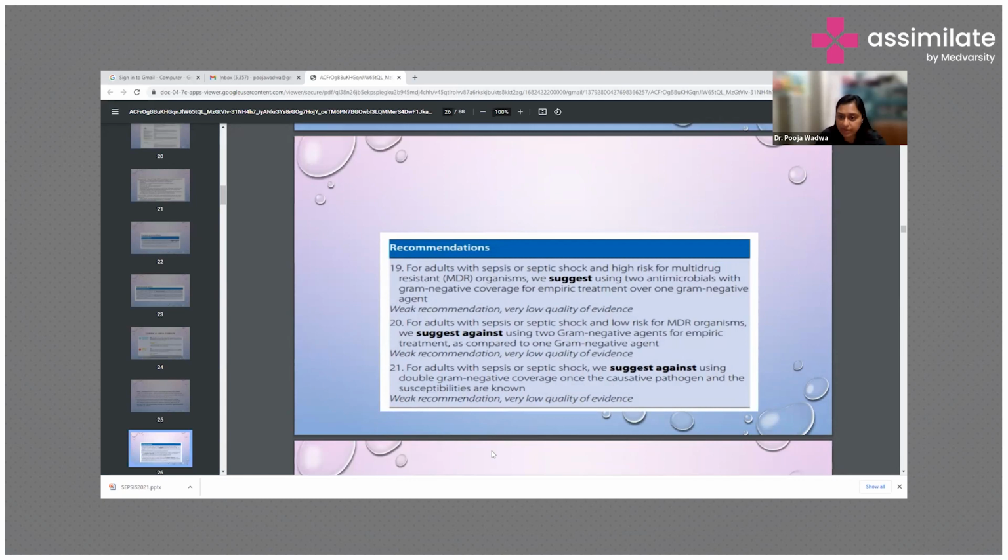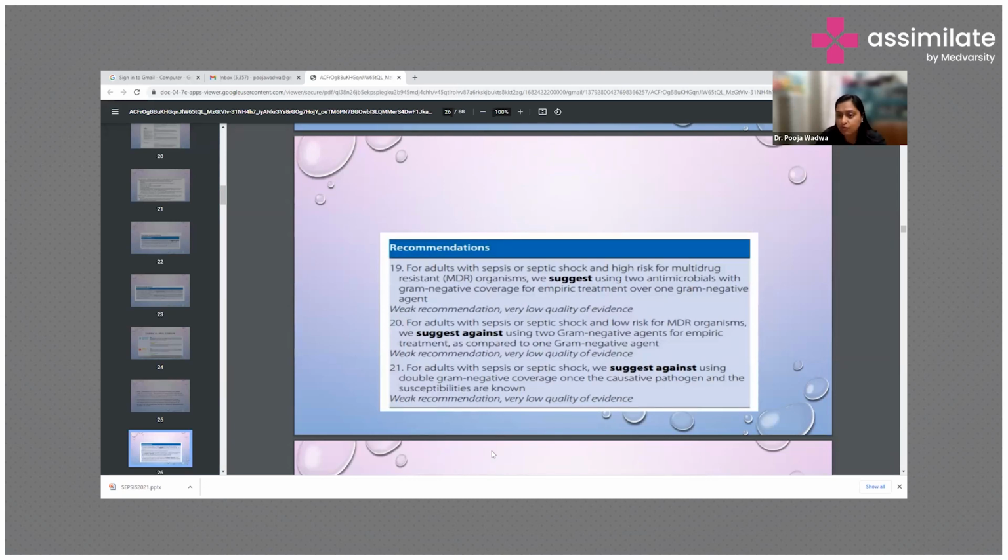So in patients with sepsis or septic shock who are at high risk for MDR organisms, MDR meaning multi-drug resistant organisms, septic guidelines recommend 2 antimicrobials with gram-negative coverage over 1 gram positive agent.